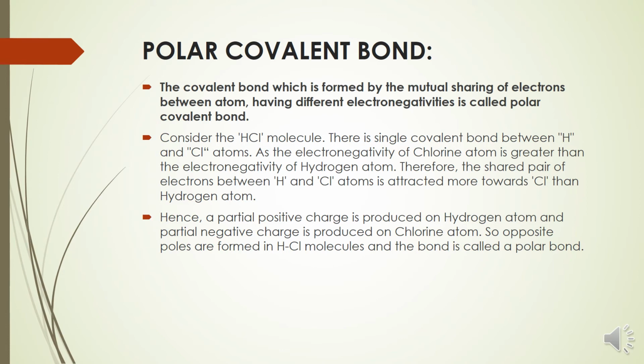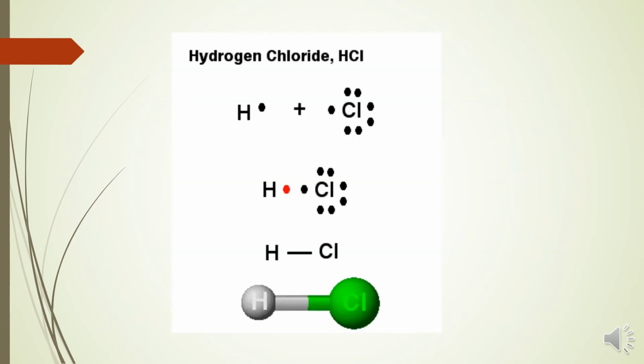Is it clear? Okay, this is now hydrogen chloride, so I can explain it through a diagram. Look at hydrogen with 1 electron and chlorine with outer 7 electrons. So both need 1 electron to complete their outer or valence shells. This is hydrogen and chlorine. They will share the electrons together by mutual sharing.